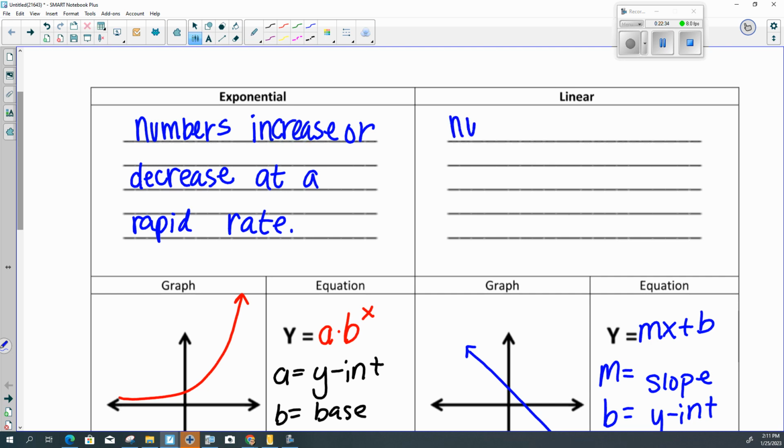So the numbers increase or decrease, and we're doing adding or subtracting at a constant rate.